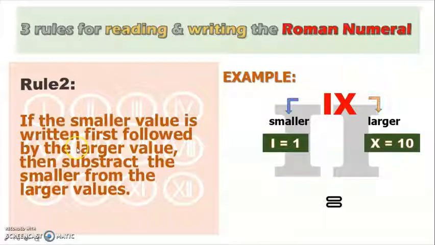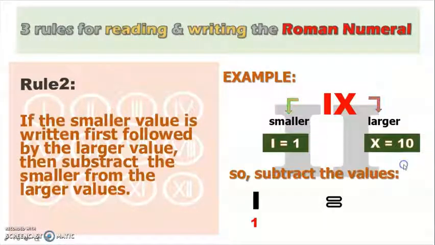The rule says that if the smaller value is written first and followed by the larger, then subtract the smaller from the larger. So subtract the values: 1 minus 10. If 1 minus 10, it shows negative, right? The difference is negative.